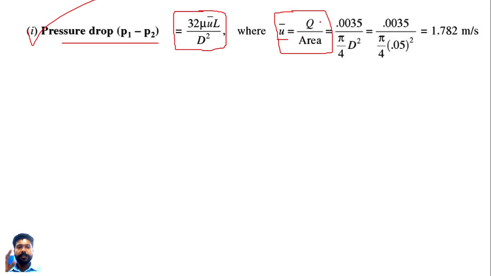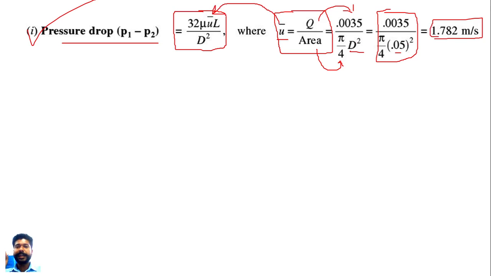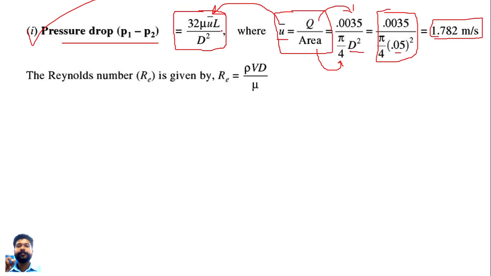So just put the value of Q, that is 0.0035, and the area, that is pi by 4 d square. So the value of d is 0.05. After the simplification of this calculation, here is the answer for average velocity, 1.782 meter per second, that is u bar. So simply put this value of u bar in this equation.